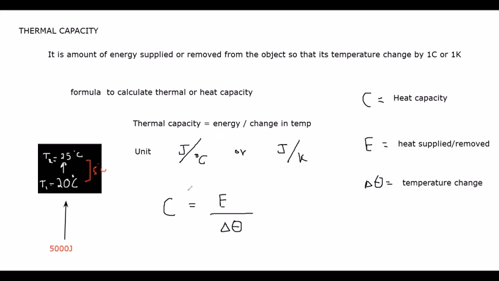So you substitute in the formula: energy supplied is 5,000 divided by temperature change 5. So 5,000 divided by 5 is equal to 1,000 joules per degree centigrade. What is the meaning? It means you require 1,000 joules to cause a 1 degree change in temperature.